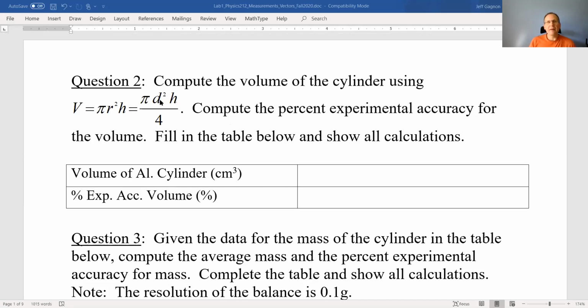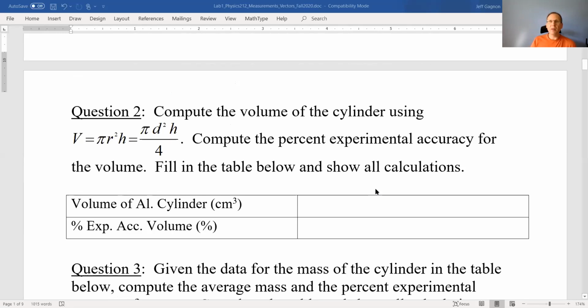But here I have diameter squared times height. So you can think of this as diameter times diameter times height. So if I want to compute the percent experimental accuracy for the volume, I have to add the percent experimental accuracy for the diameter plus another one, because it appears twice here, plus the percent experimental accuracy for height.